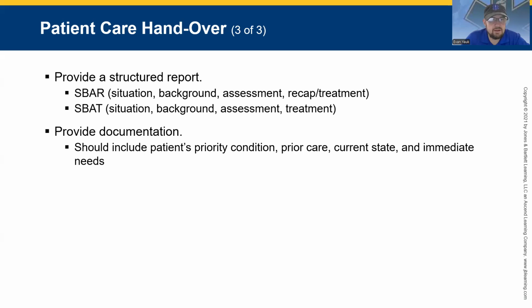CBAT or SBAT, situation, background, assessment, and treatment. So, situation, what caused it, the background, what I found, what I did. Provide documentation. Should include patient priority condition, prior care, current state, and immediate needs.